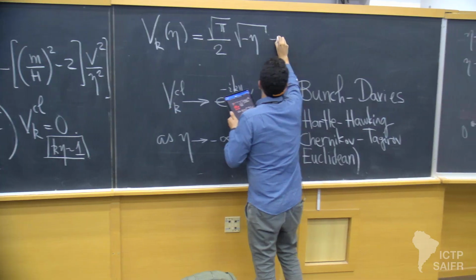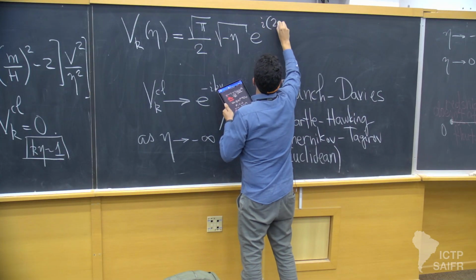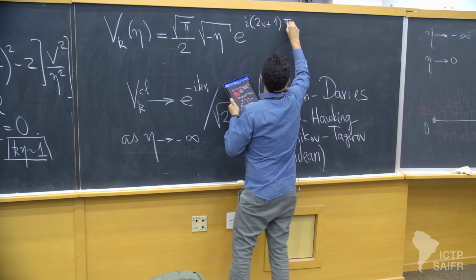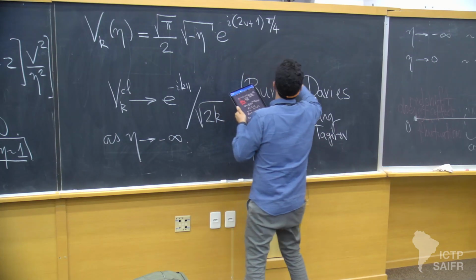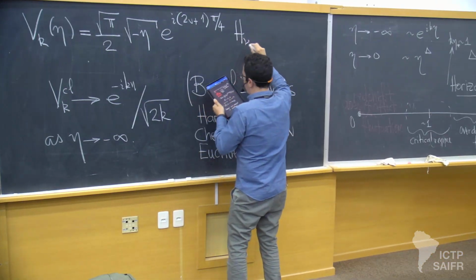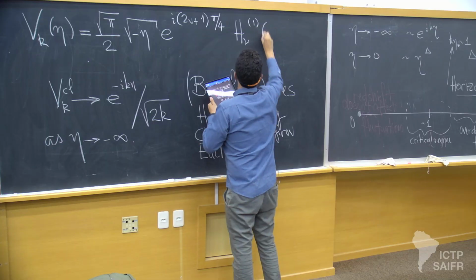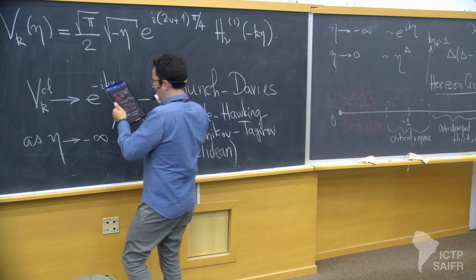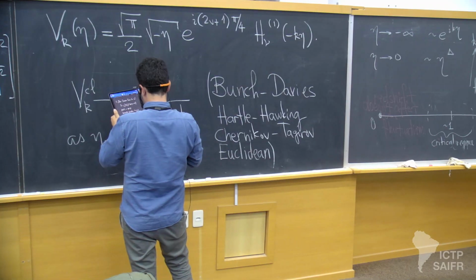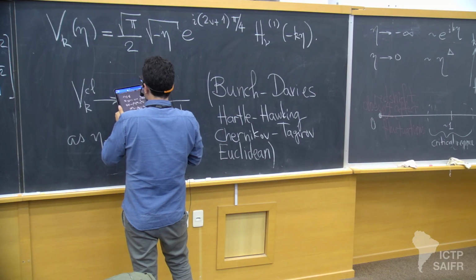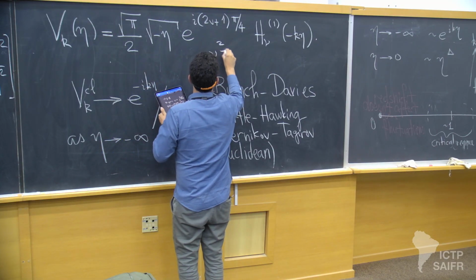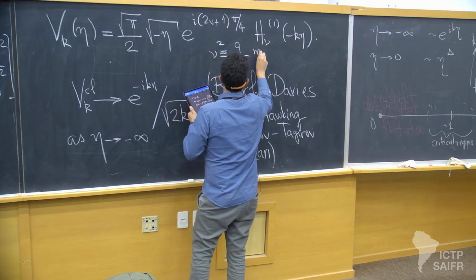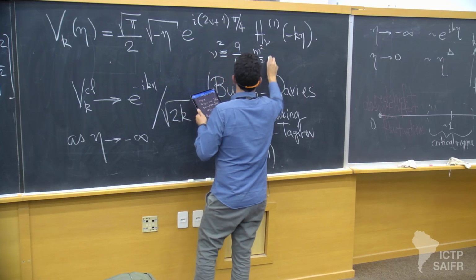But this is the answer, it's extremely uninteresting. It's a Hankel function of the first kind of minus k eta, where nu squared is defined to be 9/4 minus m squared over h squared. Okay.